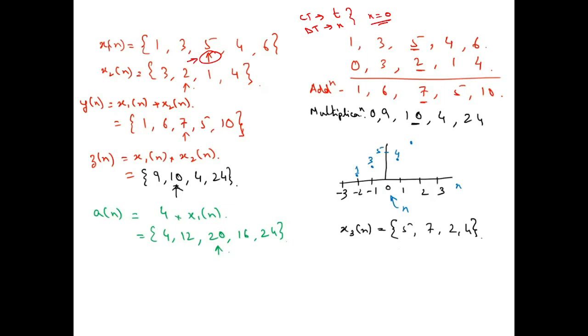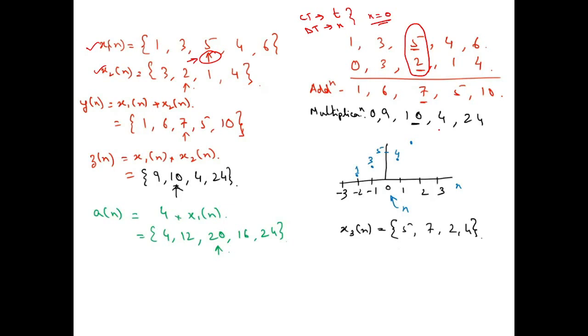And when we want to do some mathematical operations, so if you see x1[n] and x2[n] both are there, so we have to match the origin values and then do the addition or subtraction or multiplication, whatever you want. So this you keep in mind.